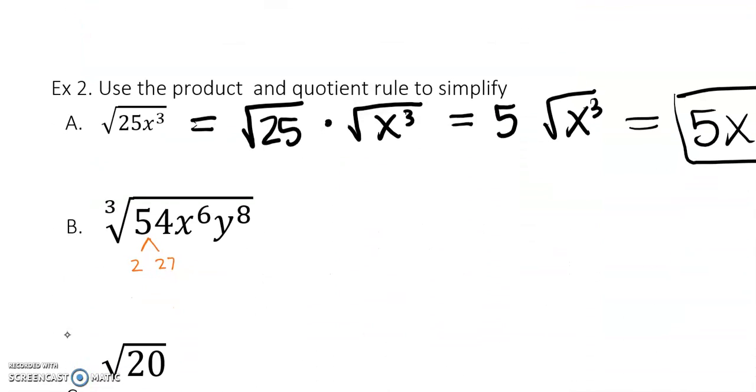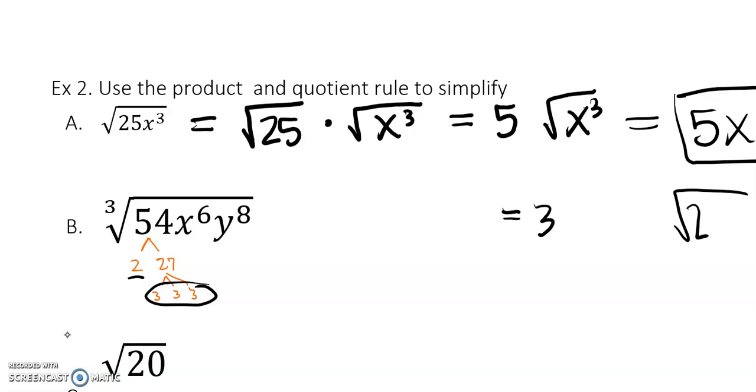Right, so this is going to be 3 to the third, or if you want to, since you're doing a cube root here, you could write it as 3 times 3 times 3. So we know to circle these, because that's our group of 3, that's going to go outside of the radical. I'm going to write it over here. And I have this 2 that's left inside the radical.